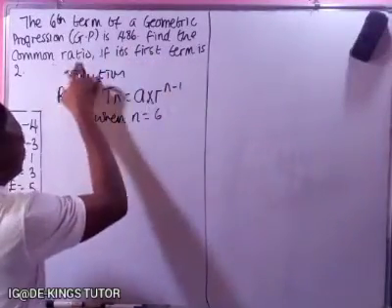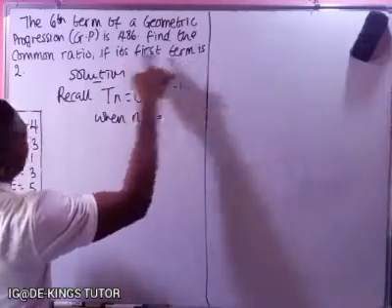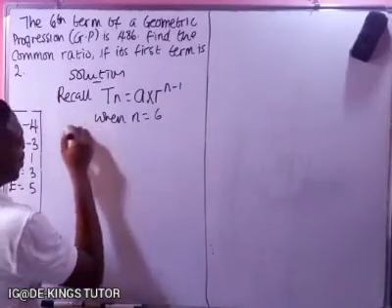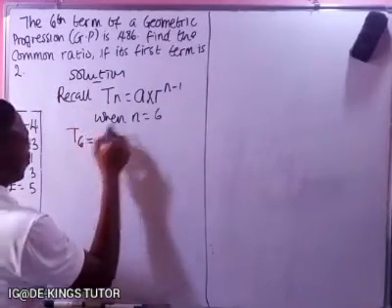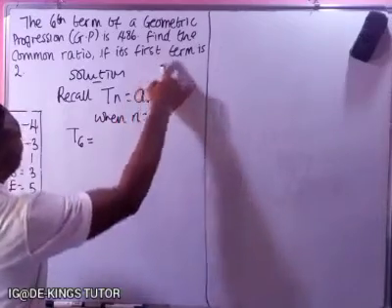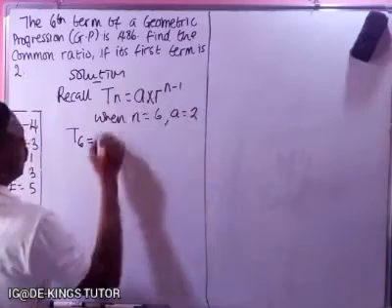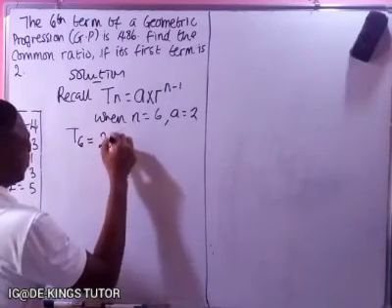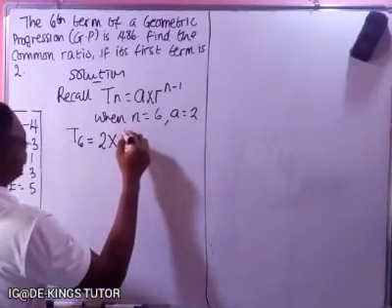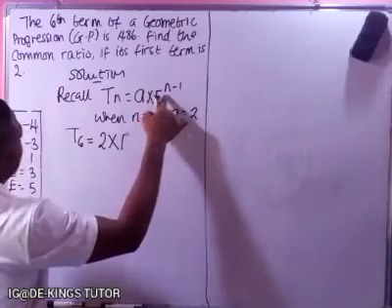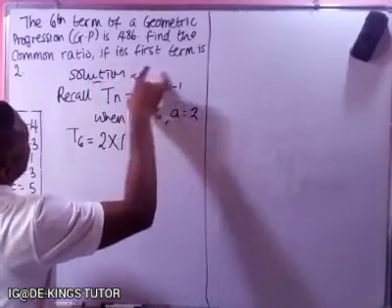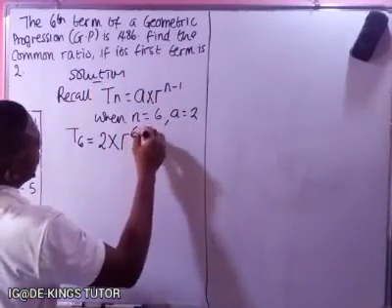Now find the common ratio if its first term is 2. So we're going to have term 6 is now equal to our a. Let's say the first term is 2. Now our a is also 2. So a is 2 times r, which is not given, and n we have as 6, so 6 minus 1.